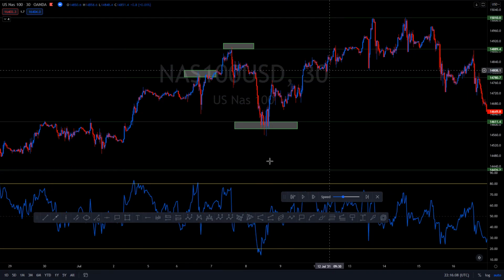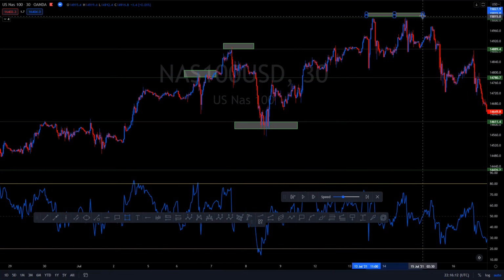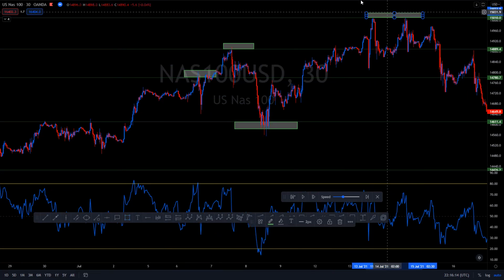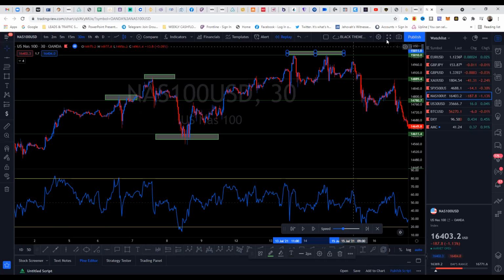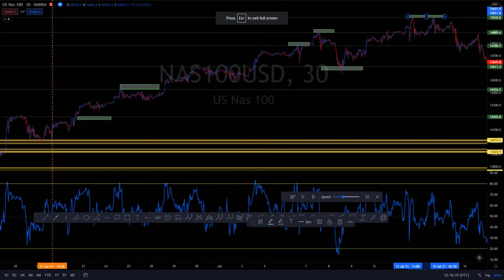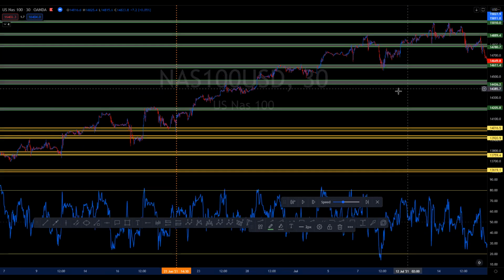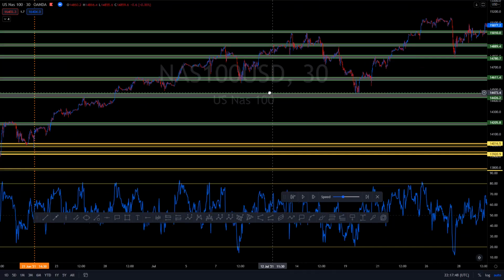Next one will go up to here. Now we're going to change the coordinates to these zones and then we'll move on to the 1 hour. Be right back. All right, so now we marked up our zones on the 30 minutes.